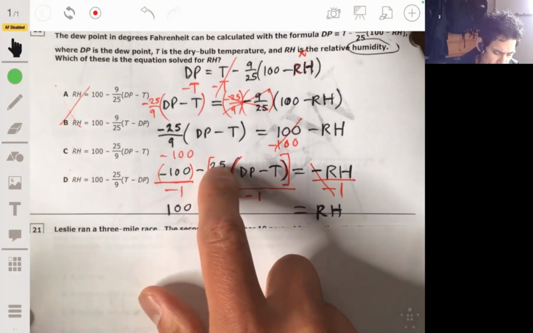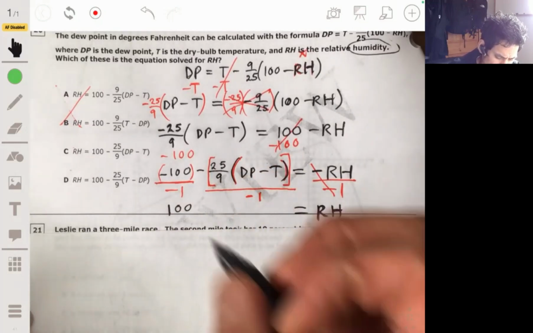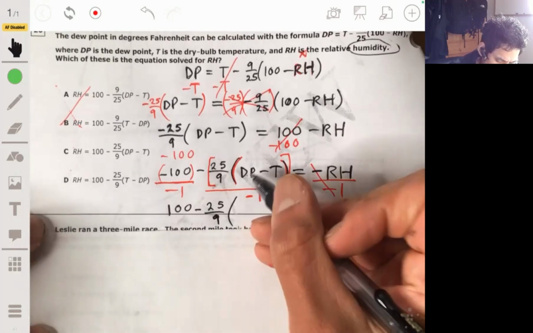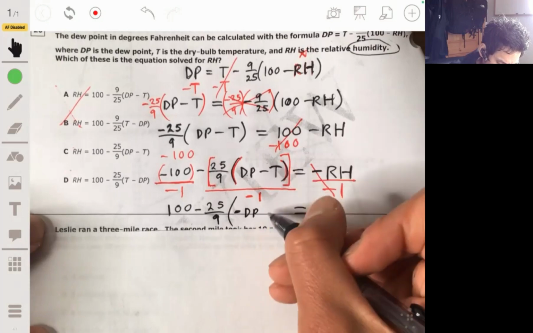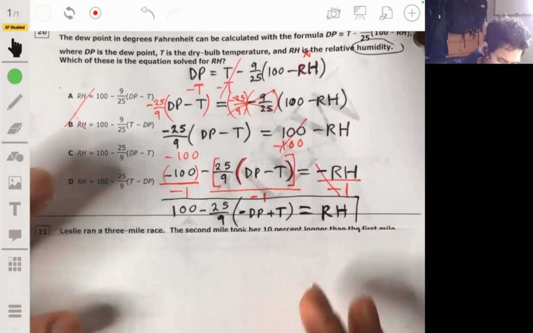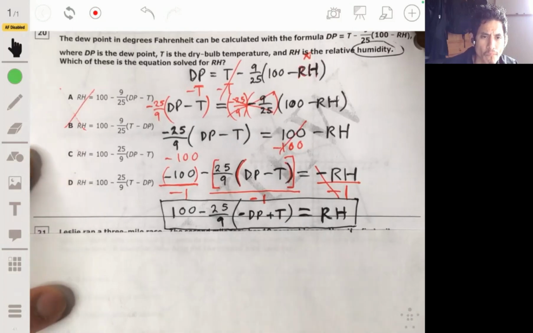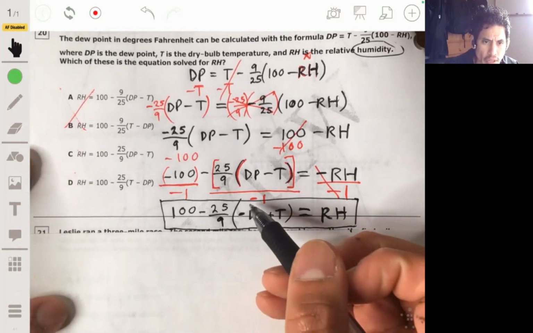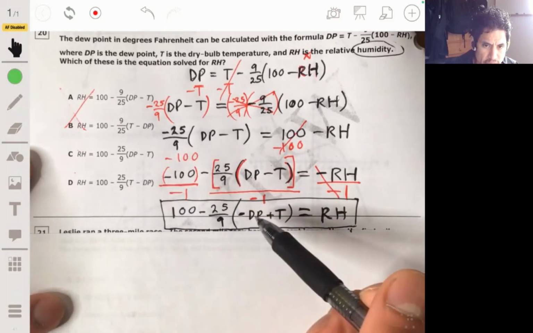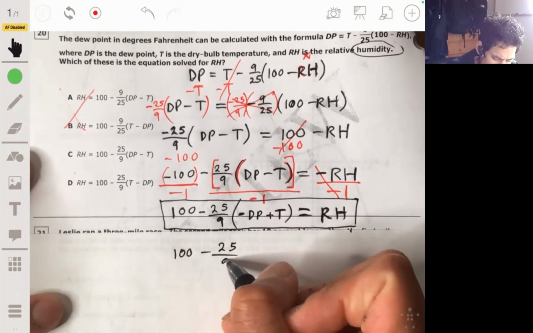So since they have this as a negative, looks like they divided the dP and the negative T by -1. So what they have then is negative 25/9 times negative dP plus T. And this is the same as D because we just have to rearrange this inside. 100 minus 25/9.